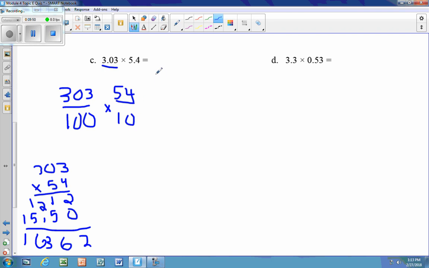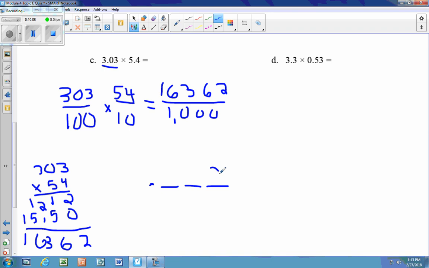So I end up with 16,362 over 1,000. And then I write that as a decimal, and if you're confused, here's my decimal: tenths, hundredths, thousandths. So I'm going to fill it in backwards so I know that I fill everything in that I need, because it has to end in the thousandths place.